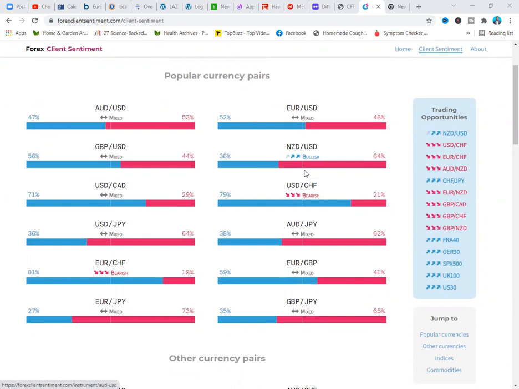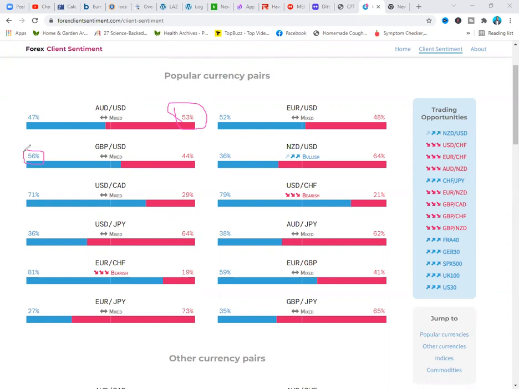So always take note that the blue area are buyers, the red area are sellers. Is that okay? So AUD USD, 47% are buying, 53% are selling. Where do you think the majority are? As we speak now, when it comes to AUD USD, the majority are selling. Is that okay? Good. GBP USD, where do you think the majority are?